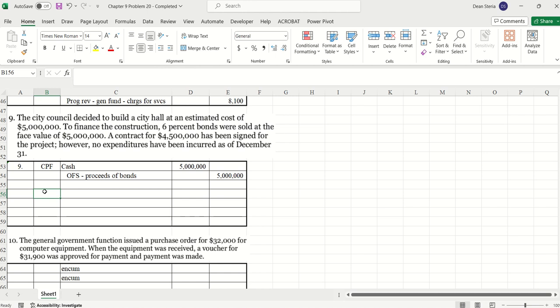So there's the capital projects fund. And then the next part is encumbrances.